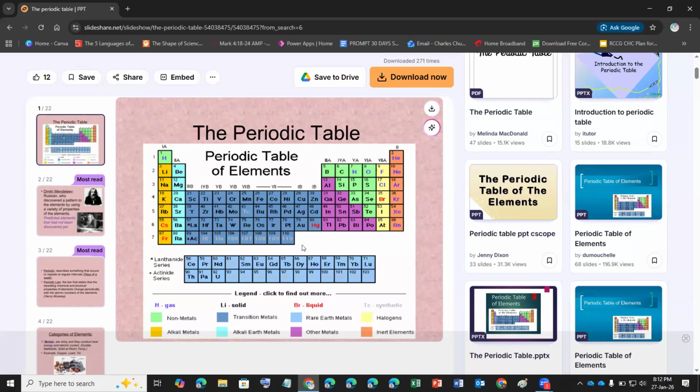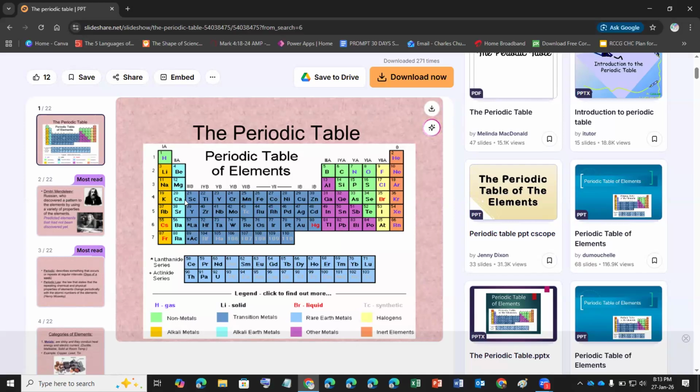Okay, so the first 20 would be hydrogen, helium, lithium, beryllium, boron, carbon, nitrogen, oxygen, fluorine, neon, sodium, magnesium, aluminum, silicon, phosphorus, sulfur, chlorine, argon, potassium, and calcium.